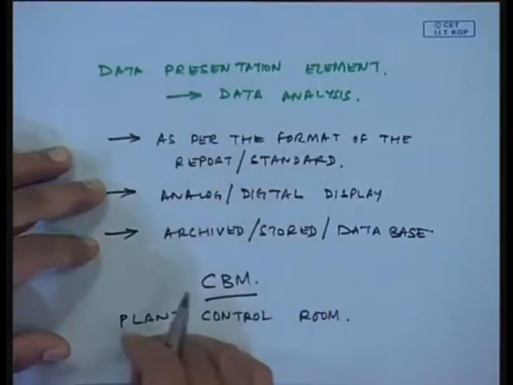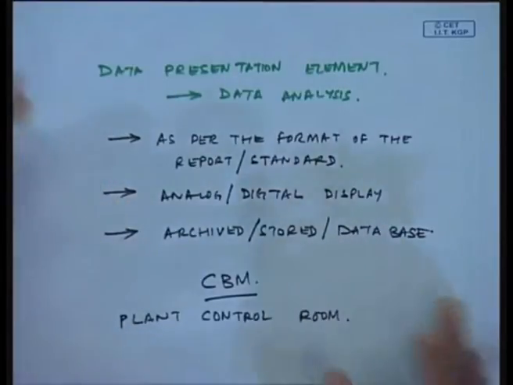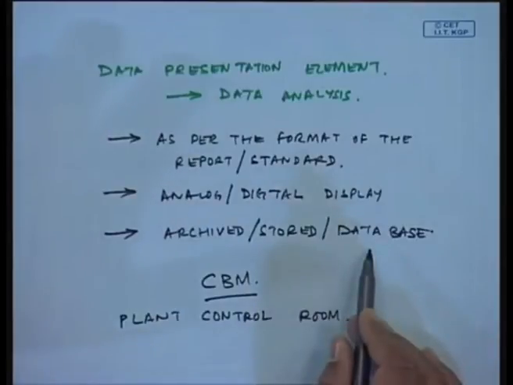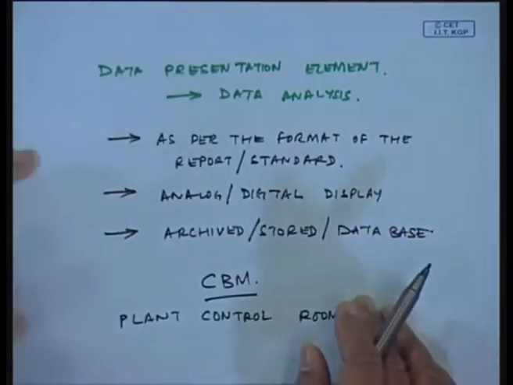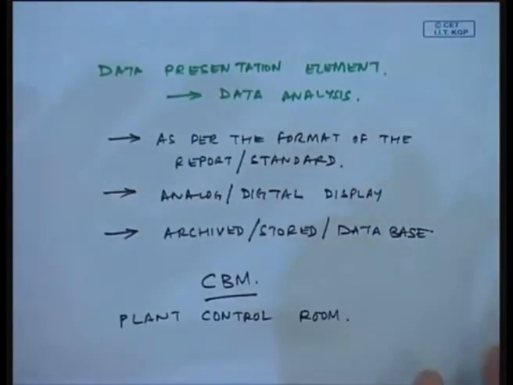Nowadays everything is automatically data logged, and if there is a deviation, you will get an alarm, maybe on your mobile phone. Okay, you are sleeping at your house, you will get a message that such and such bearing in your plant has become abnormally hot, and this is the state of the art nowadays.